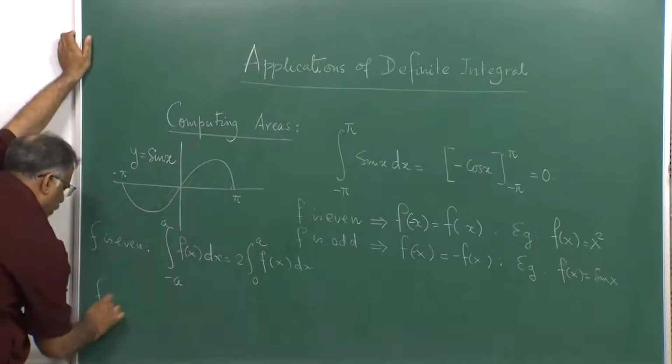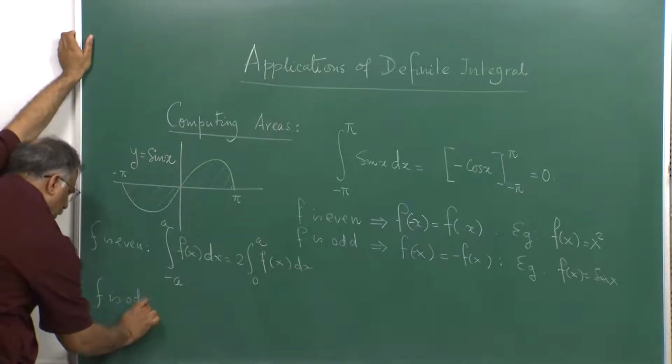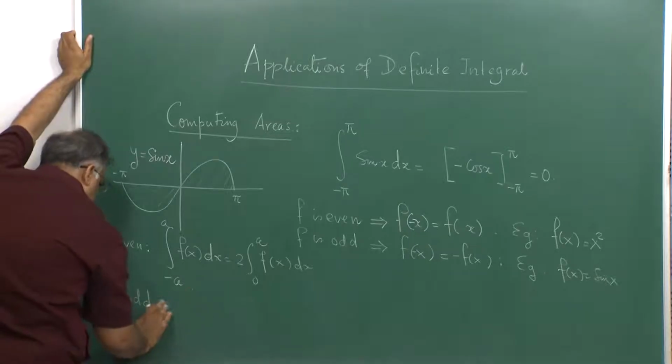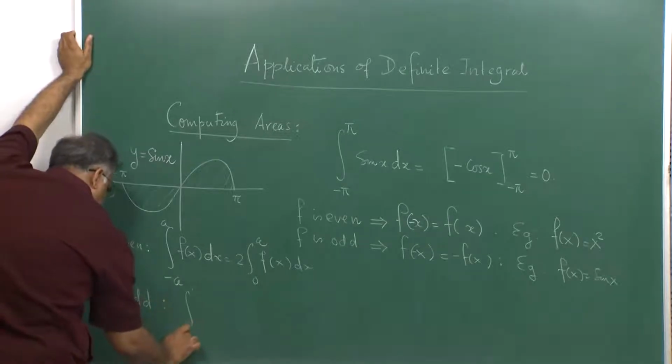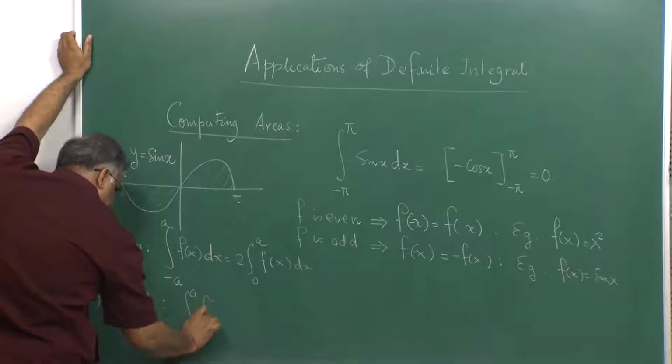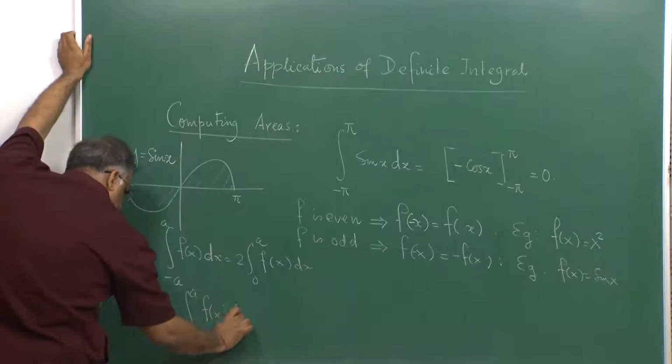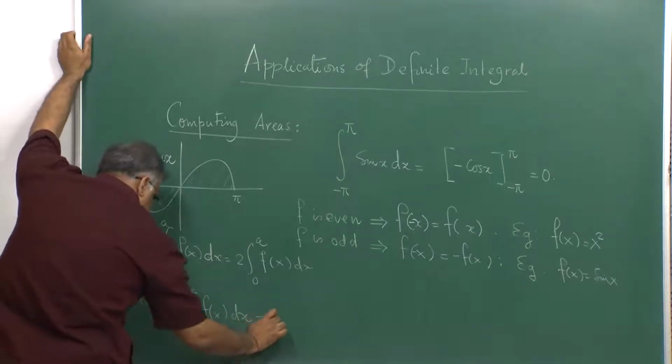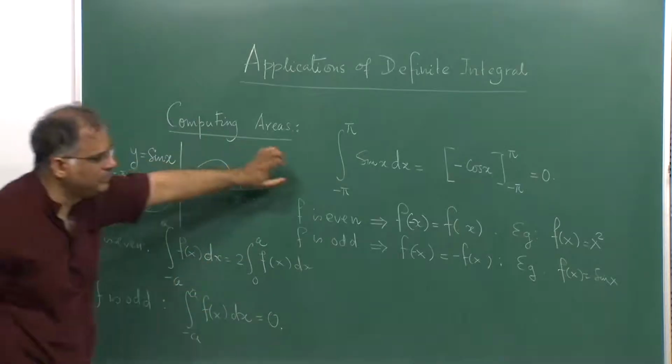But if f is odd, like the one in sin x, then you will simplify and find that it is zero, and that is exactly what you see here.